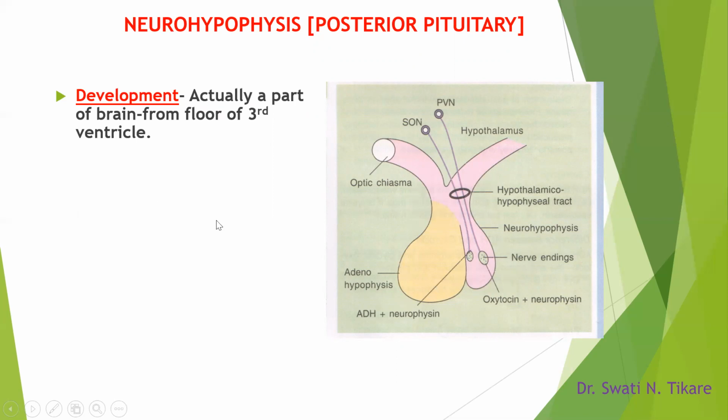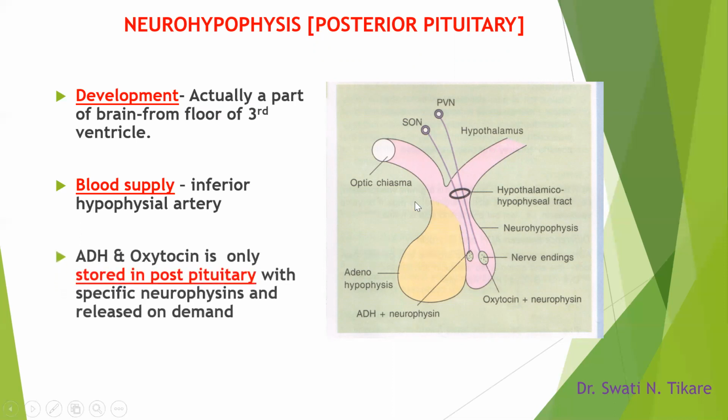Developmentally, the posterior pituitary is actually a part of the brain. It comes from the floor of the third ventricle. That's the reason it has more neural connection rather than vascular connection. And blood supply, as we saw in the previous slide, is from the inferior hypophyseal artery.